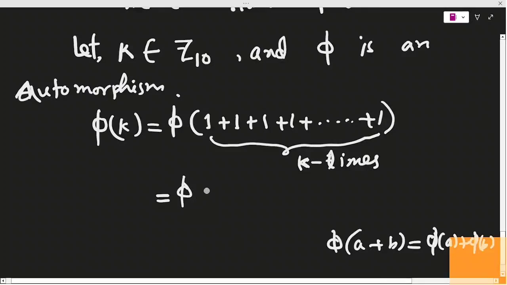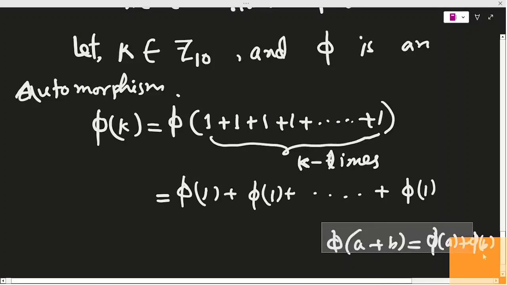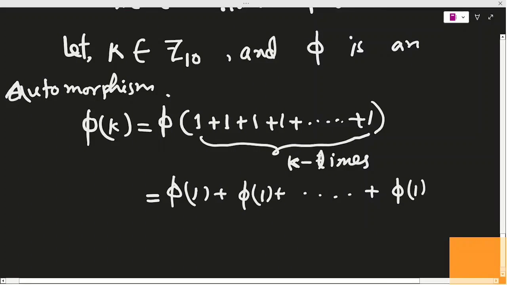So phi of 1 plus phi of 1 plus dot dot dot. How many times? It will be k times.